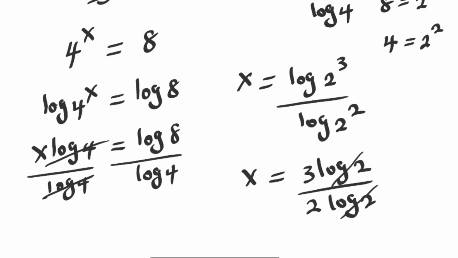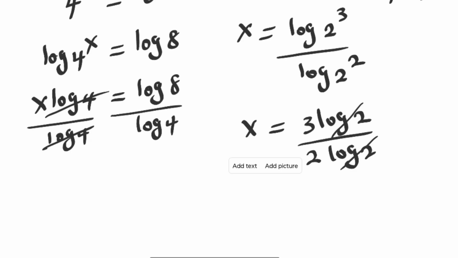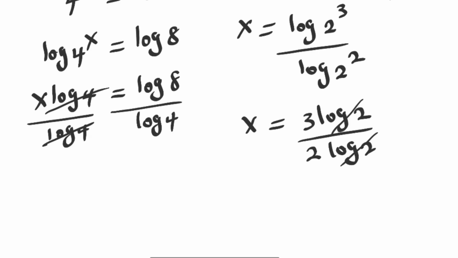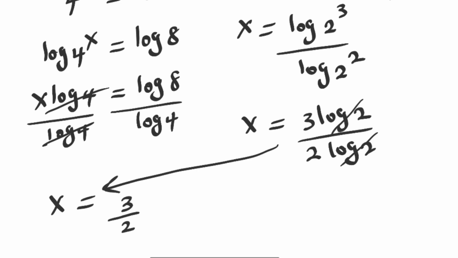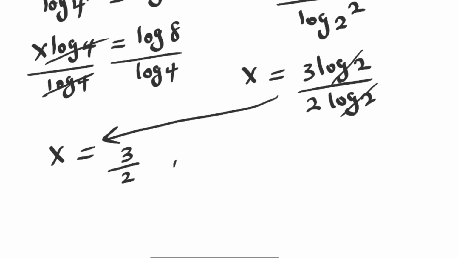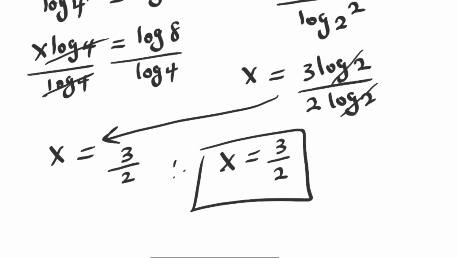This cancels this. x is equal to 3 over 2. Therefore, our final answer is x is equal to 3 over 2. This is the value of x.